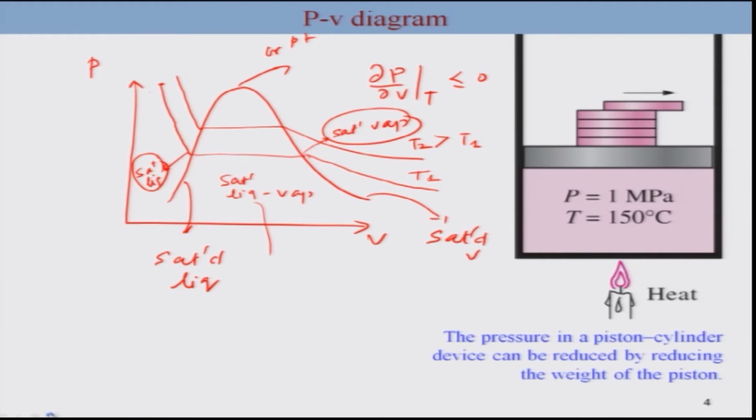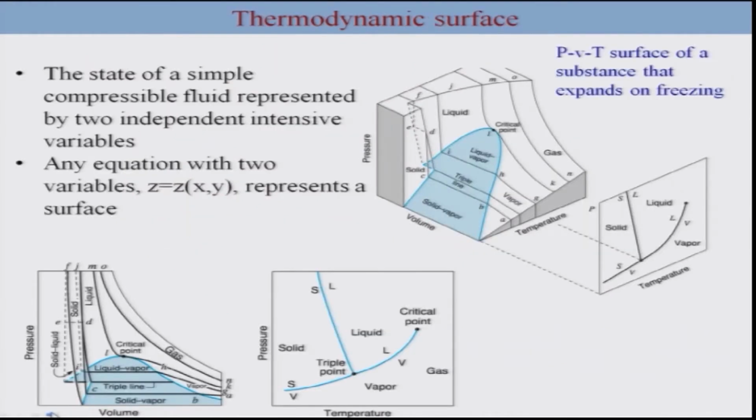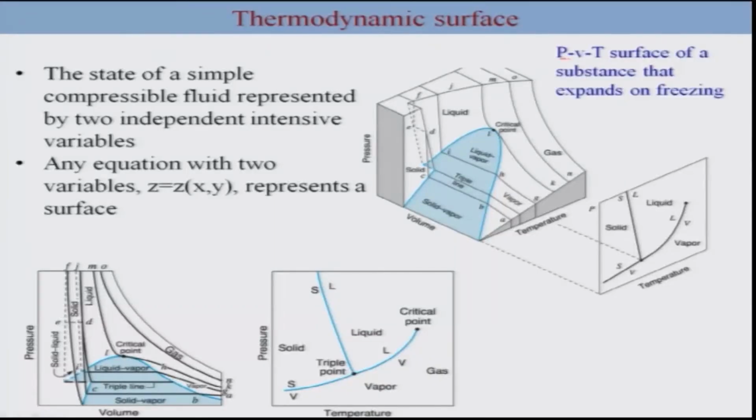Okay. Now we are aware that the state of a simple compressible fluid is represented by two intensive variables like temperature and pressure, right? And so any mathematical function which you represent in terms of two variables can be represented by a surface. Thus the PVT surface of a substance would be a more complicated diagram, as shown in this case.